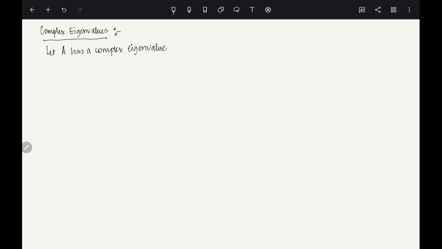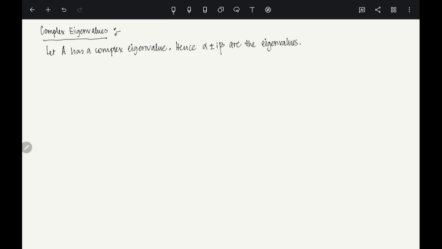So we know that if alpha plus i beta is an eigenvalue, of course alpha minus i beta is also going to be an eigenvalue. So alpha plus or minus i beta are the eigenvalues, okay, clear. So that is always there.